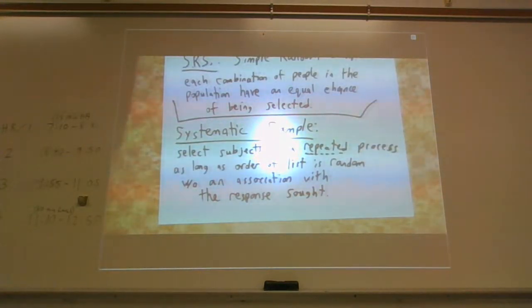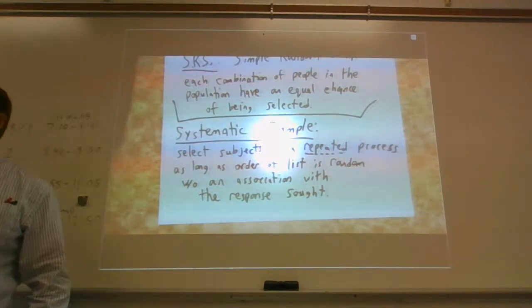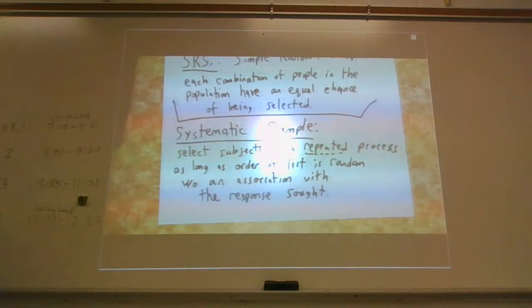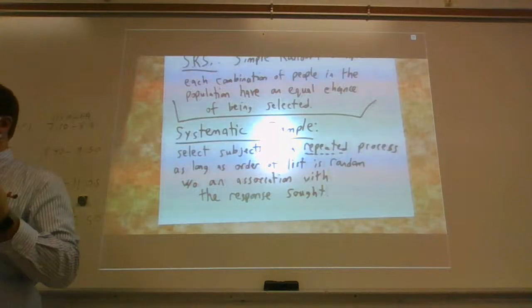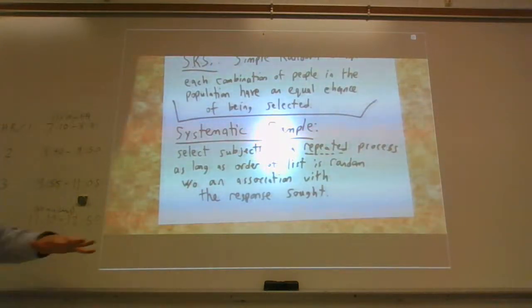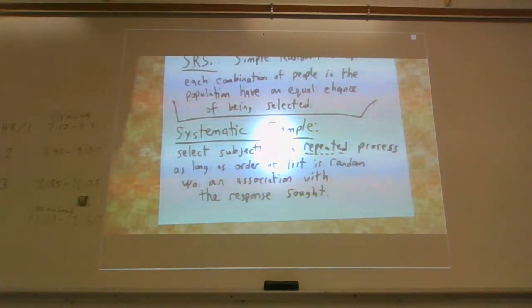I would argue that the order in which you walk in my room is random. If I'm going to pick every third person coming in the room to win a special grand prize or something, the order in which you walk in the room has no regard for the response of getting a prize or being selected to get a prize. But if I'm just saying every third person, it should be random.